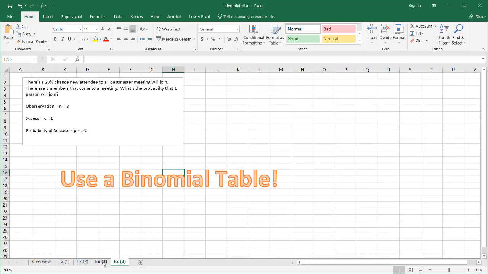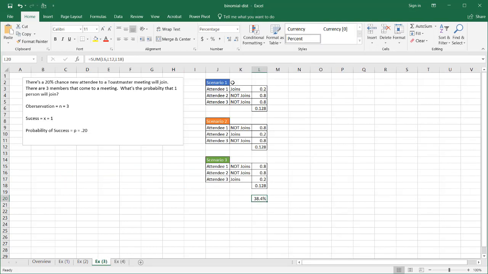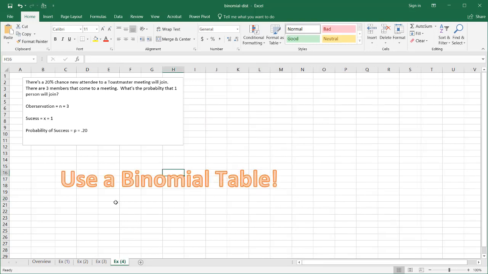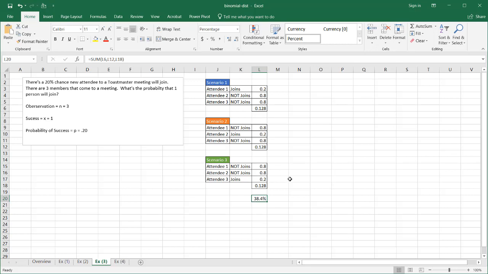Of course, example 3 and example 4 are a little harder to do when you have larger amounts of observations, right? Because as you see, if we had scenarios or observations up to 100, both the binomial table and adding these tables would be kind of cumbersome.